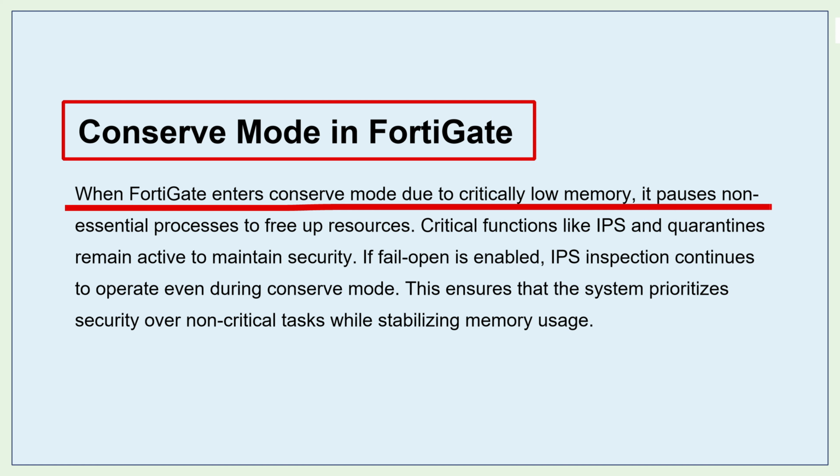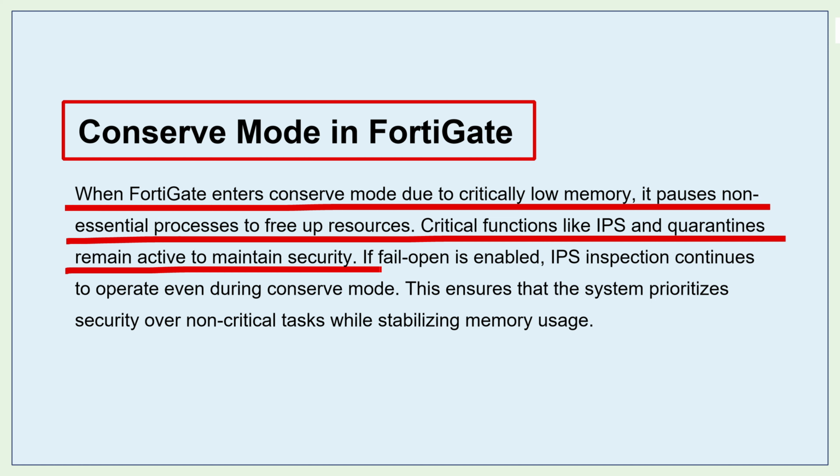Conserve mode kicks in when FortiGate's memory is low. Non-critical tasks pause, but critical features, like IPS and quarantines, stay active. If failopen is enabled, IPS inspection continues to ensure security, even in this mode.